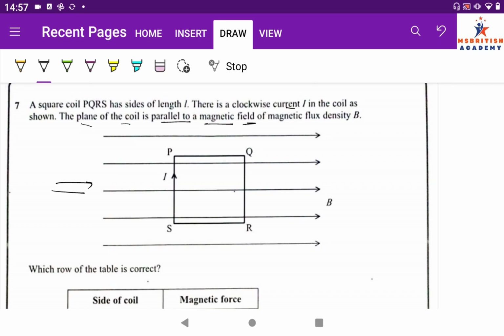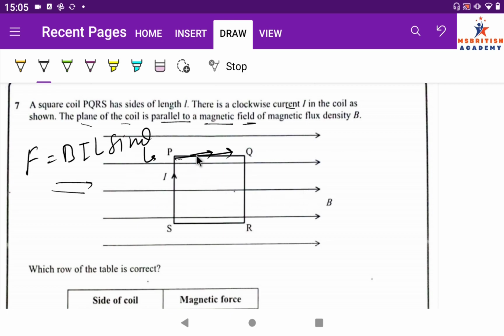As we know, the force formula is BIL sin theta, where theta is the angle between the length, the direction in which the current is moving, and the magnetic field.